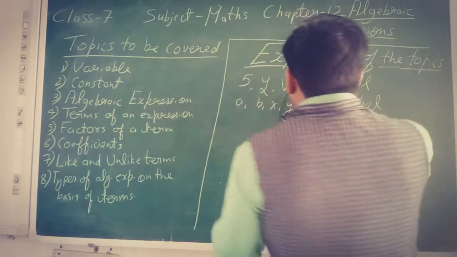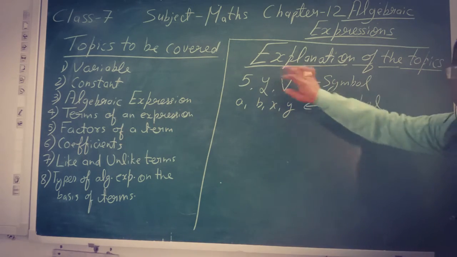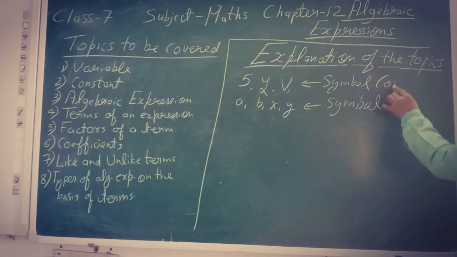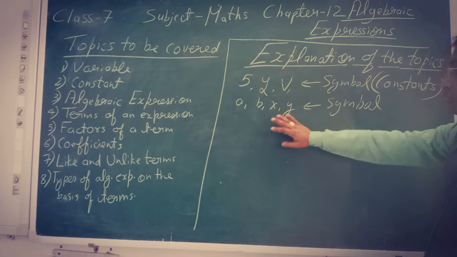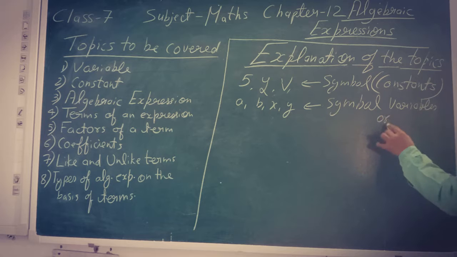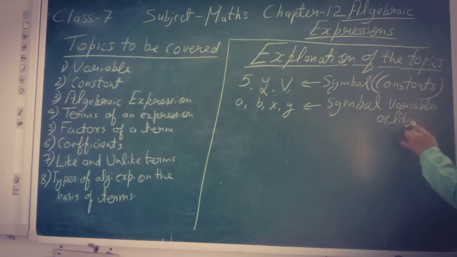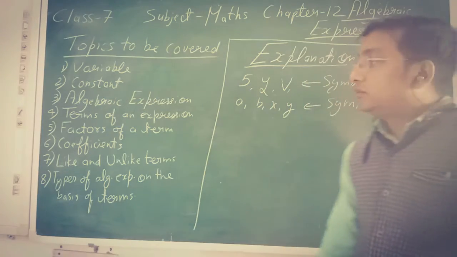So this type of symbol which is fixed is called constants, and the symbol which is not fixed is called variables, or we can say literals also. So these two topics we have covered.